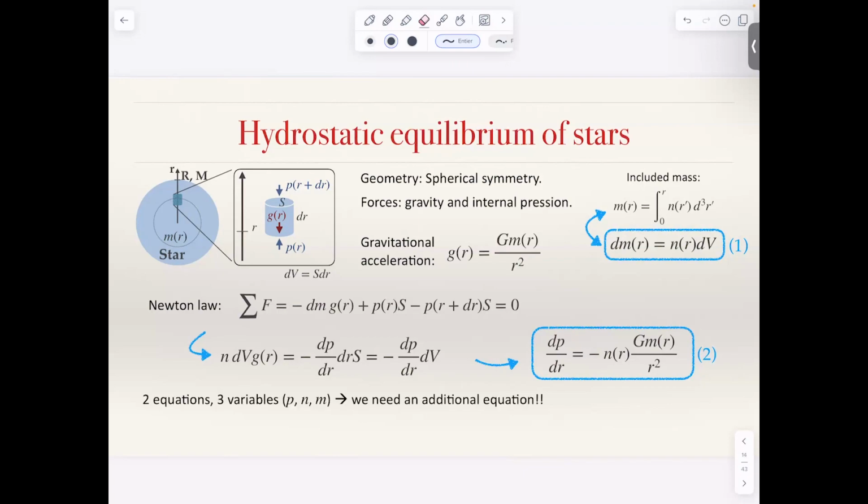And as you see, we have two equations, but in fact, we have three variables: the pressure, the mass density, and the mass of the system. So there is one equation which is missing there. These two equations just reflect gravity.